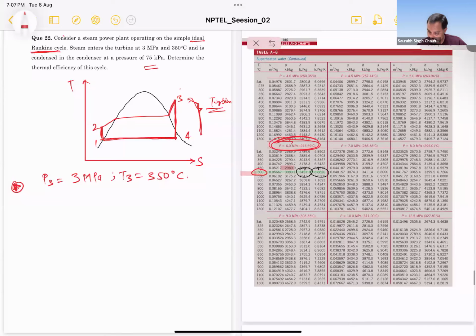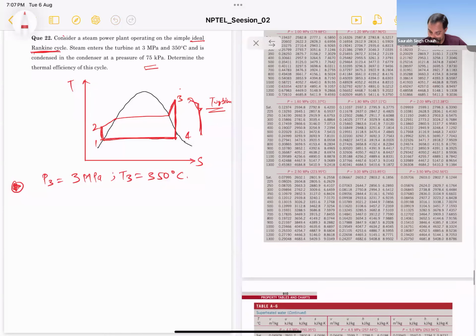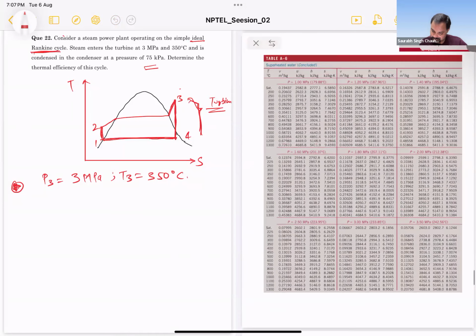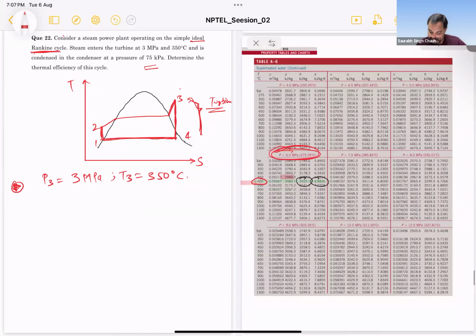So here it is, 3 megapascal. Sorry, it is saturated. We need to check superheated.